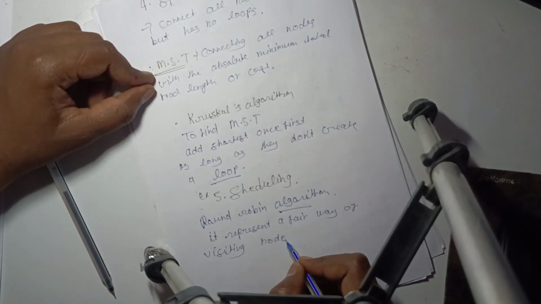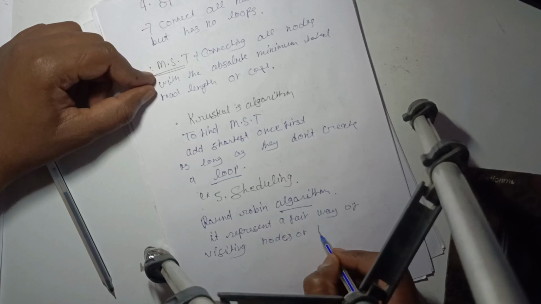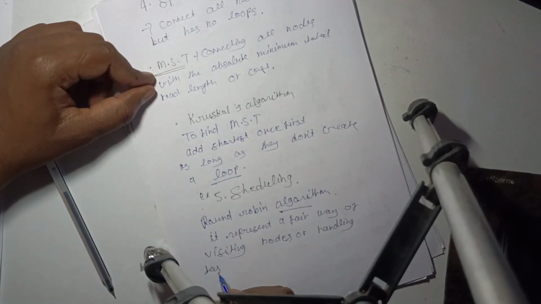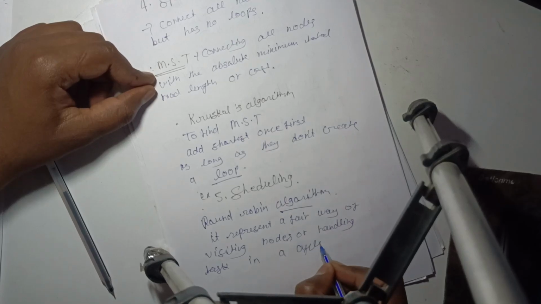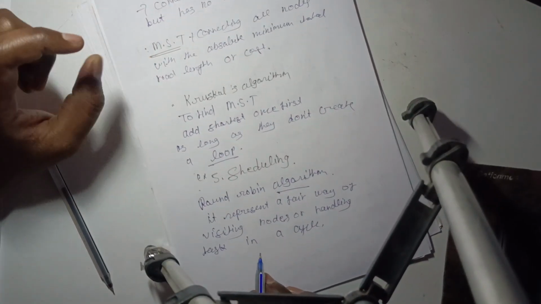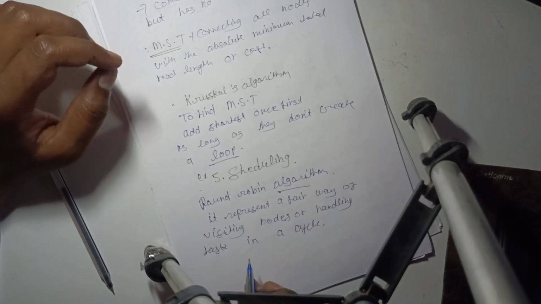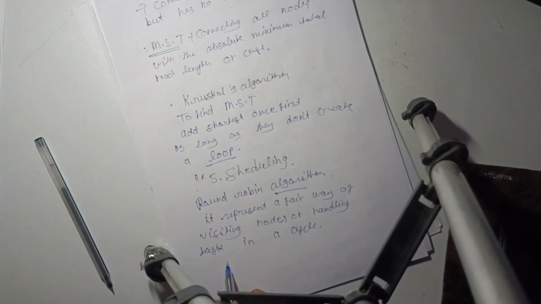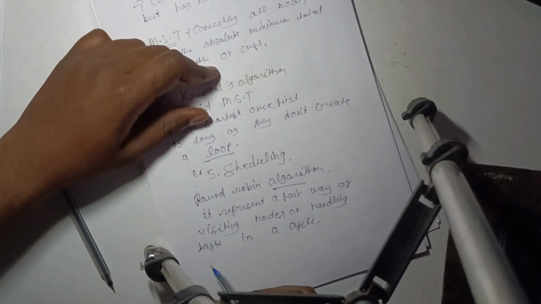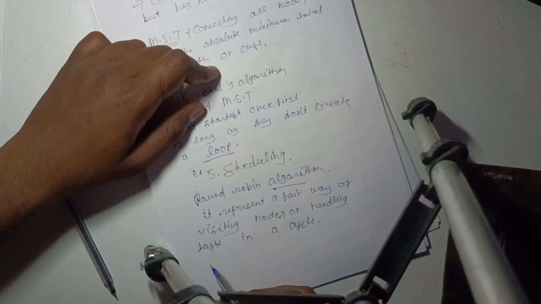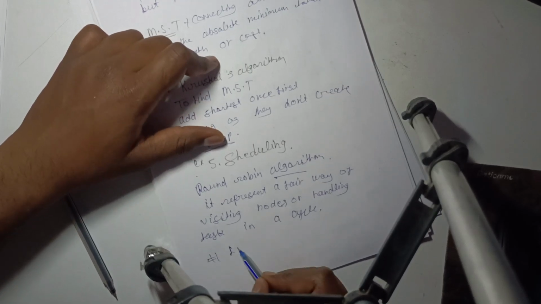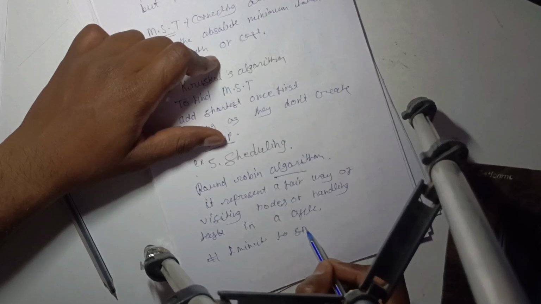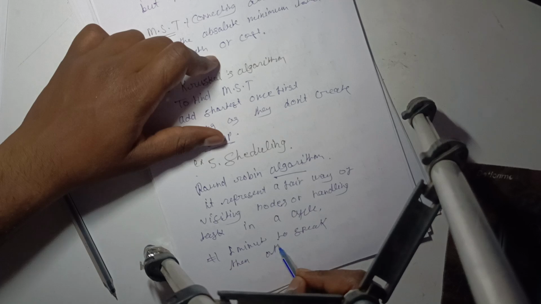In simple words, it's like a teacher giving every student 1 minute to speak, one after the other in a circle.